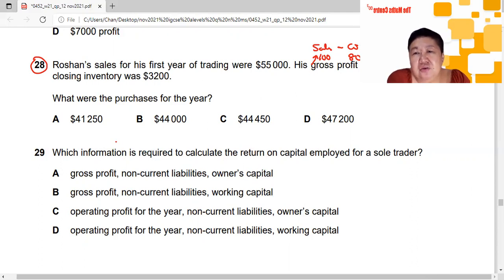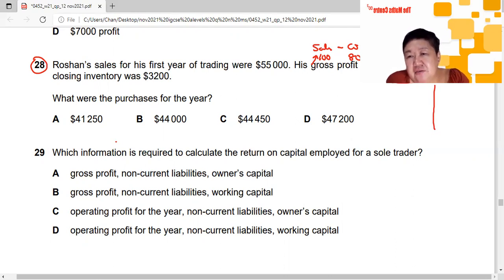Now you can do some simple calculation here because you know that your sales is 100, which is equivalent to 55,000. Therefore, you can work out your cost of sales as 80% of that and gross profit as 20%. Or I like this. I know this is a bit old-fashioned, but this is really what I like.